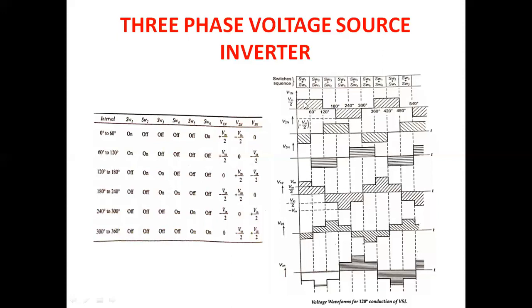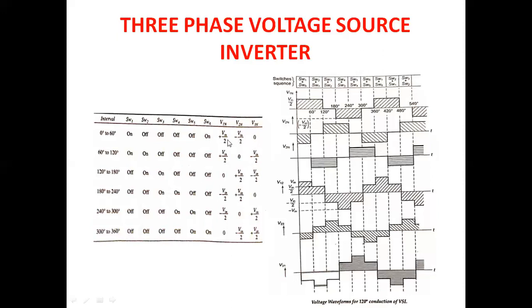For the 60 degree interval, the voltage across the first load, V1N, is plus Vin by 2. V2N is minus Vin by 2, and V3N is 0.